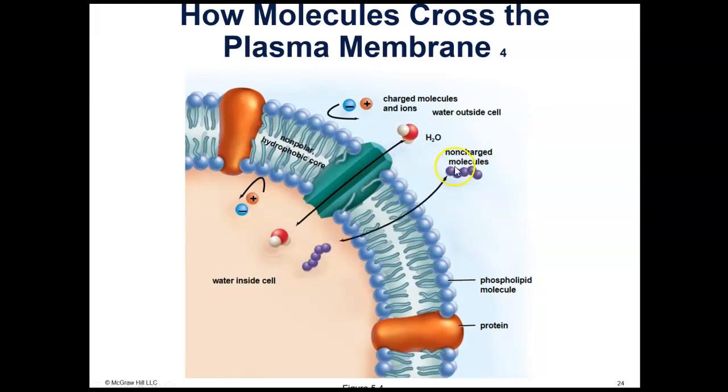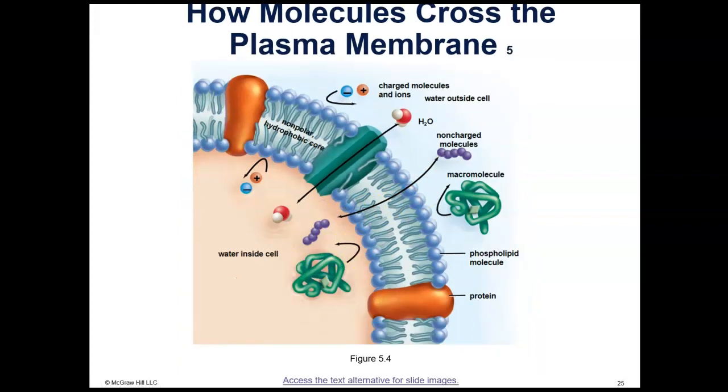And then we have non-charged molecules, whatever this purple molecule is right here, this little chain. It's non-charged and non-polar, so it can move freely through the phospholipid bilayer. Macromolecules are too large. Macromolecules are just large molecules. This green molecule here looks like a large protein, and it's just too large to move through the phospholipid bilayer.